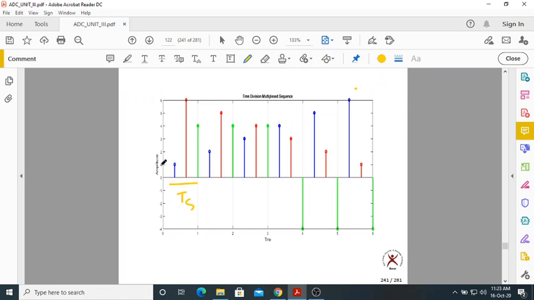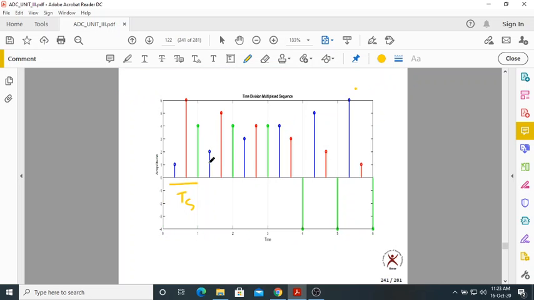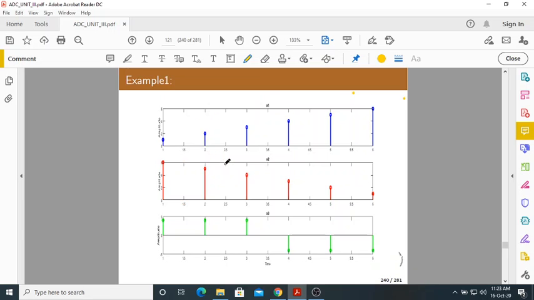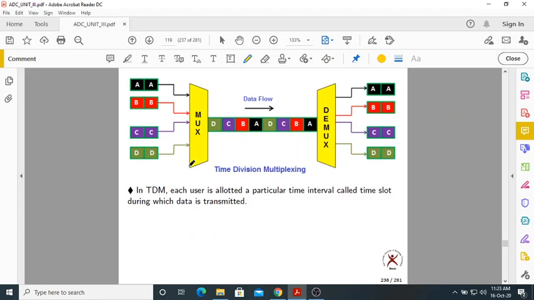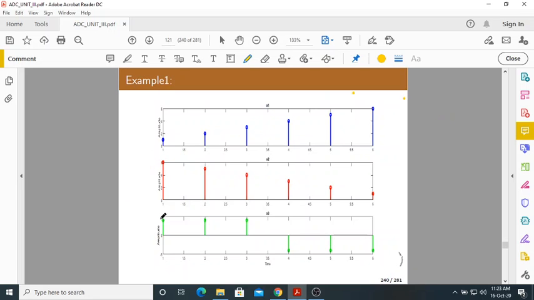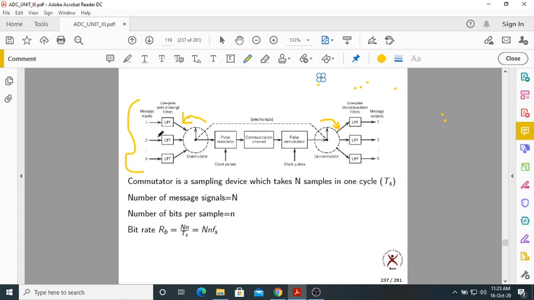That is over one rotation. In the next rotation, it will collect these 3 samples. So when it completes one rotation, it will collect a sample from each of the N signals. Here we are transmitting 3 signals, so capital N equals 3.